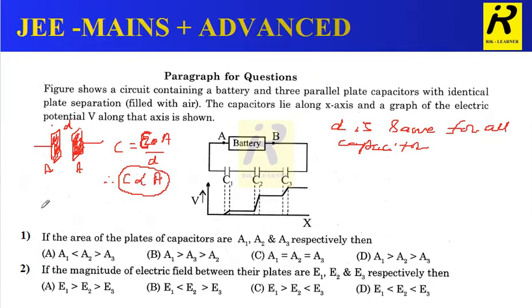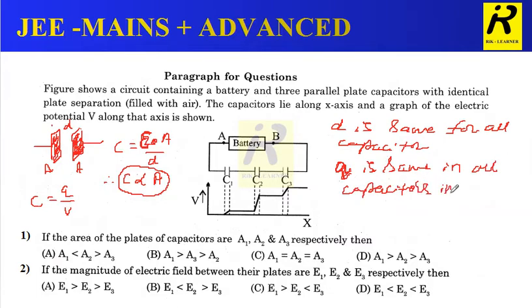One more thing that we already know by definition is that C equals Q divided by V, and the charge Q is the same in all capacitors in series.